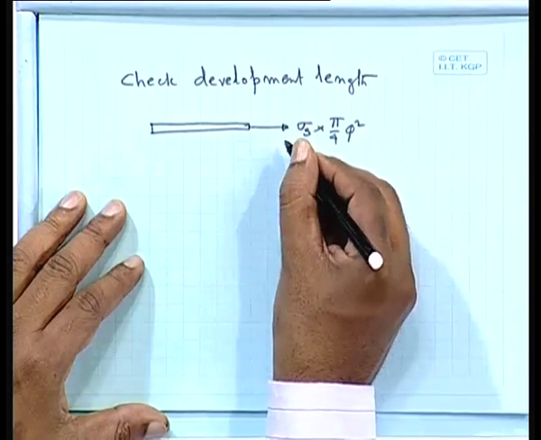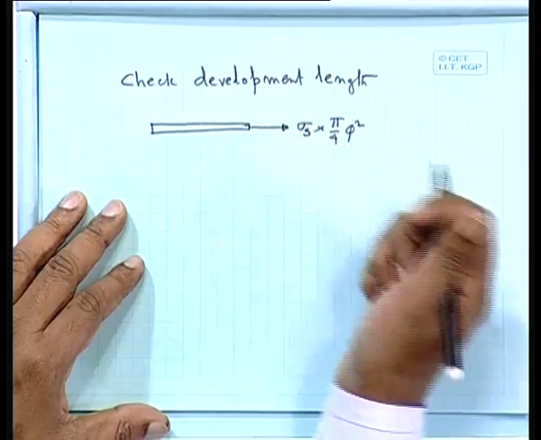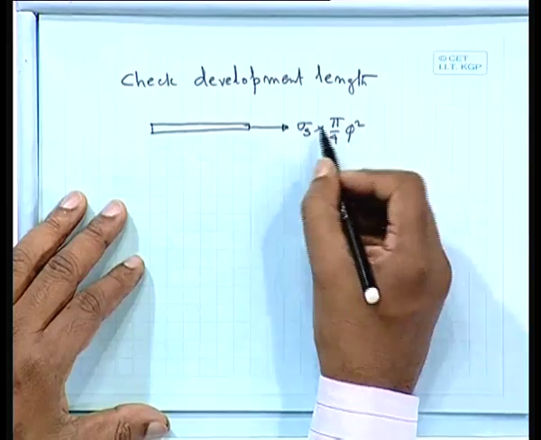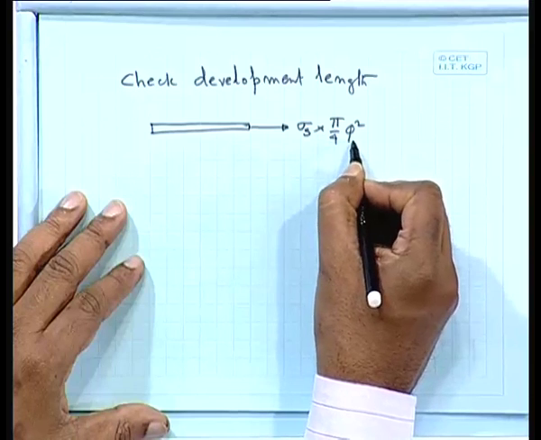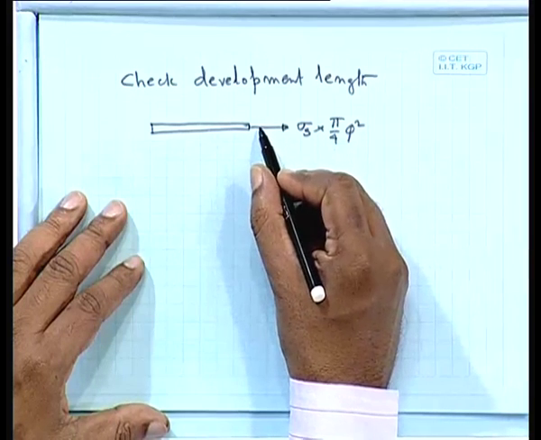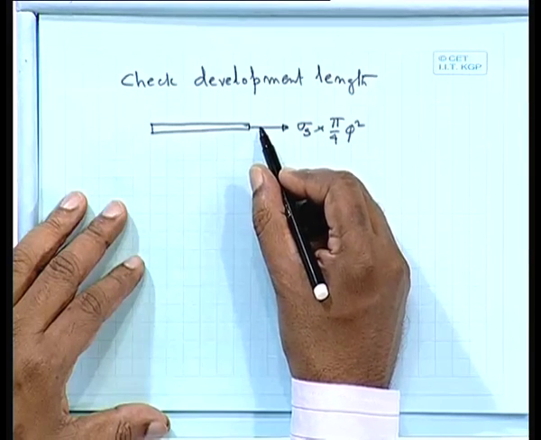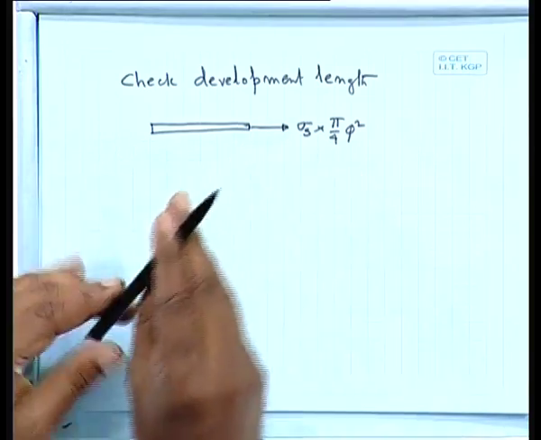So sigma s is the permissible stress, say for pulling, times pi by 4 phi square. So that is the force that is developed, the force that is permissible. You are pulling a bar, so how much is the permissible force? That will be the cross sectional area times sigma s.